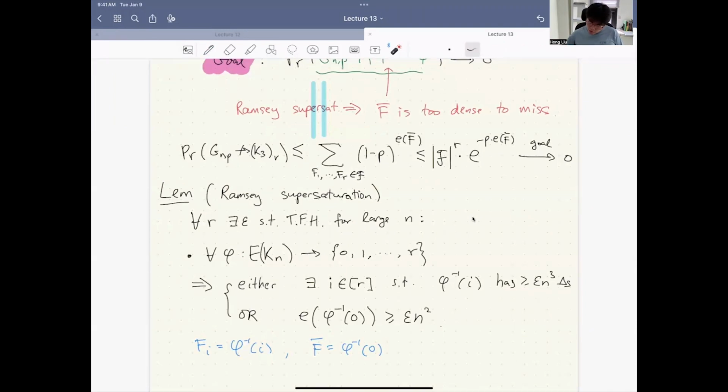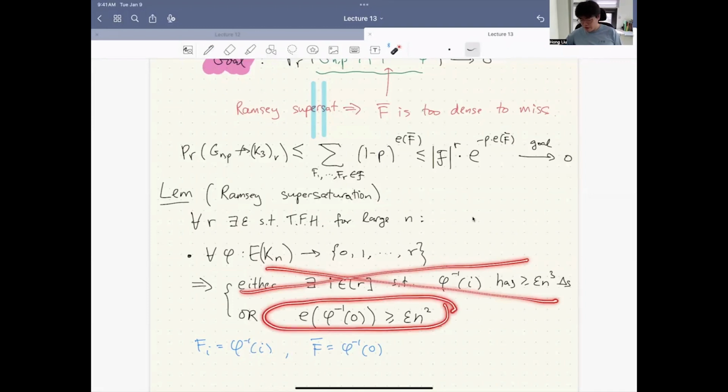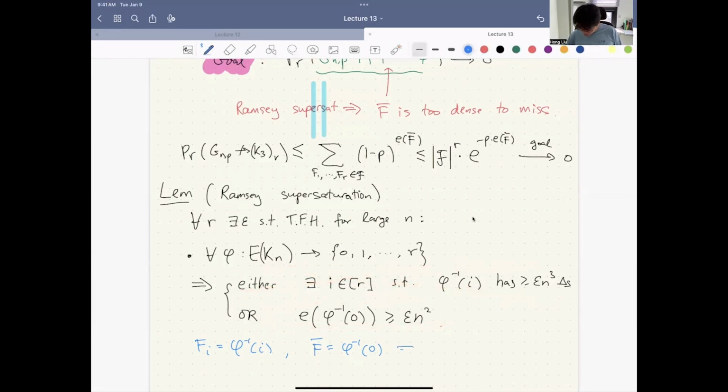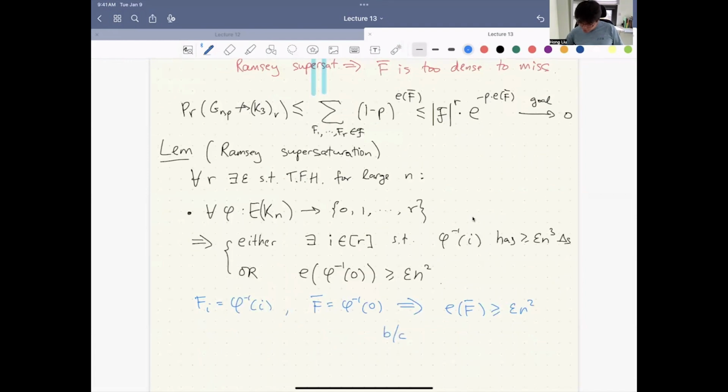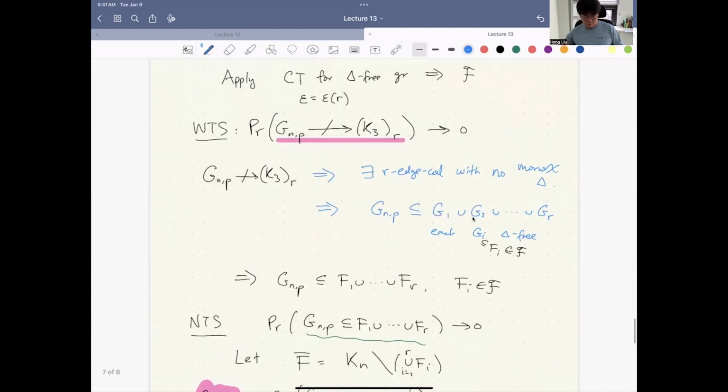So the first alternative does not happen. It must be that the number of edges in its complement F bar, the zero color, is dense. This implies that E of F bar is at least epsilon n squared because of container theorem item 3. Okay, this item 3, where is it?